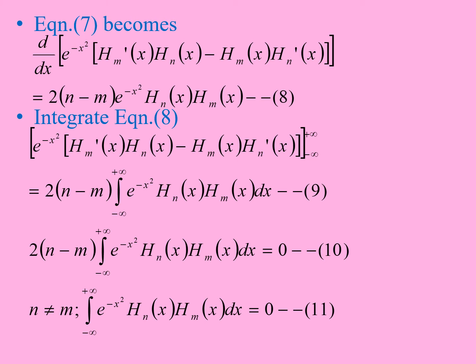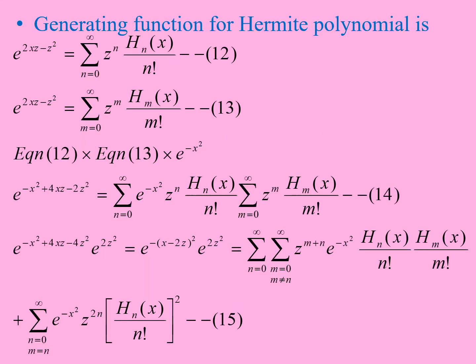So either n minus m is equal to 0 or the integral from minus infinity to infinity of e power minus x squared Hn of x Hm of x dx is equal to 0. Here n minus m equal to 0 means n is equal to m, so that cannot be the case. So if n is not equal to m, then the integral from minus infinity to infinity of e power minus x squared Hn of x Hm of x dx is equal to 0. So here we have derived one part of the equation. Next we have to derive the second.